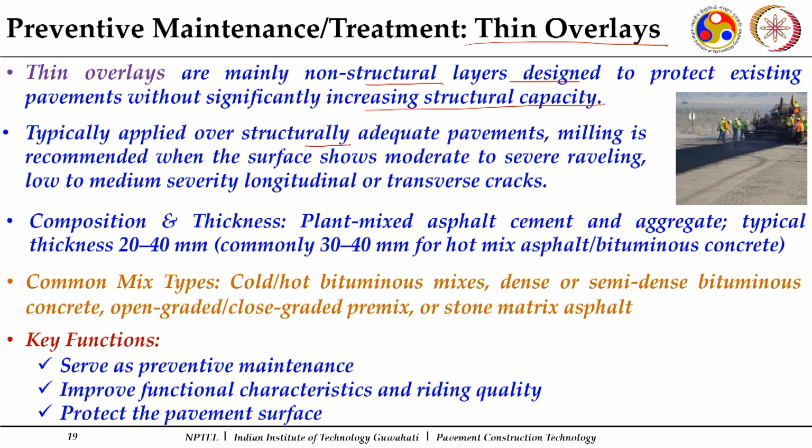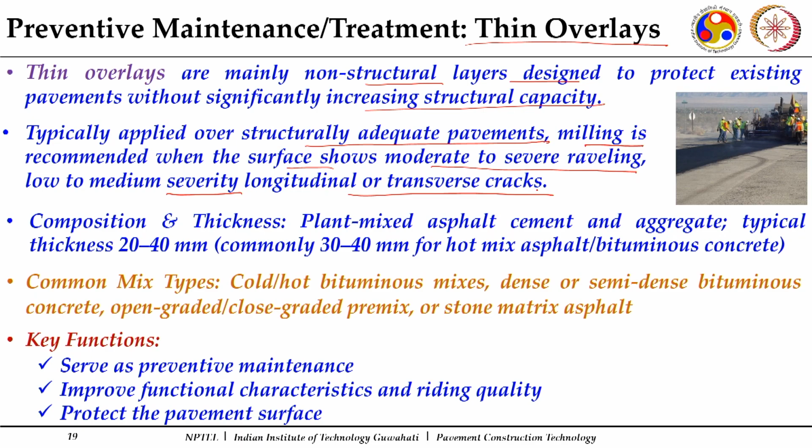Typically they are applied over structurally adequate pavements. This is an important aspect. When we go for the application of these thin overlays, the existing surface has distress, so a good approach is to mill it and reuse or recycle it. Milling is recommended when the surface shows moderate to severe raveling and low to medium severity longitudinal or transverse cracking.